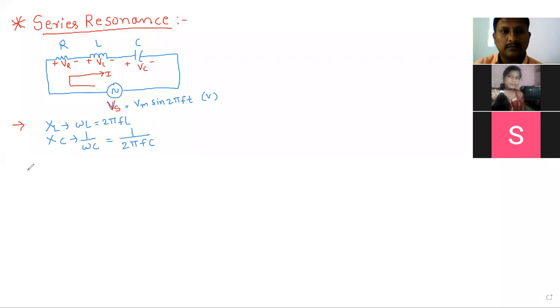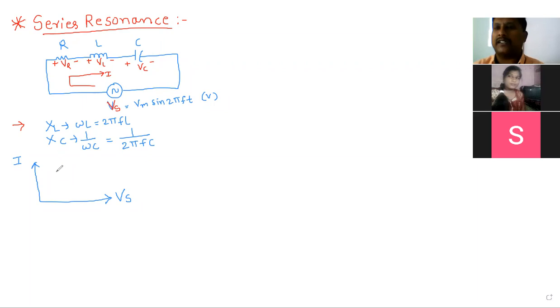Here the phasor diagram we have seen. The current I leads or lags behind the applied voltage Vs by angle theta. When it leads, we can say that the capacitor impedance XC is greater than XL.